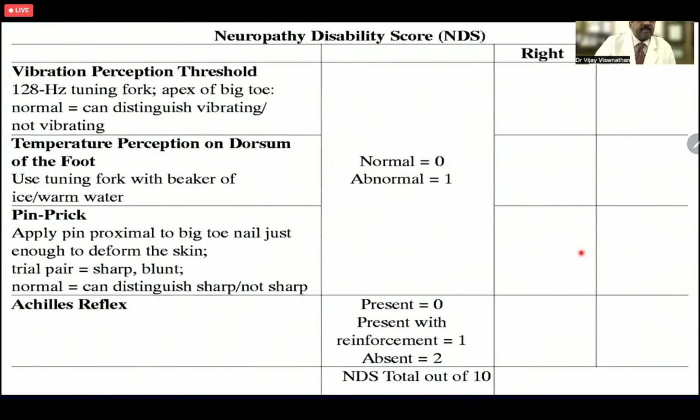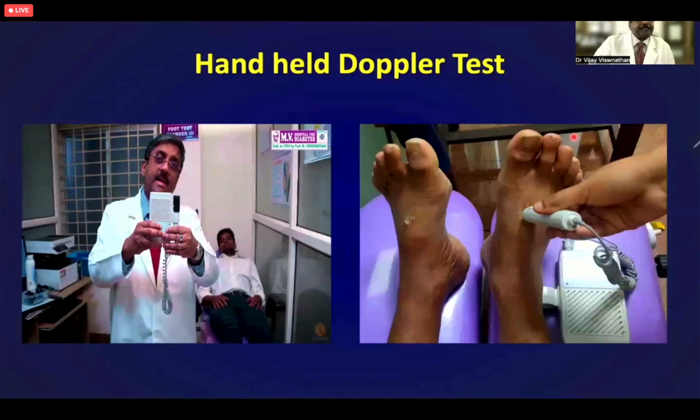And if you can't feel the pinprick or the temperature on the 128 Hz tuning fork, you give 1 point each. What they found was that if you have a score of more than 6, your chance of getting an ulcer is higher than people who have a score of less than 6. This is a prospective study done in Manchester and was shown to be predictive of ulceration.